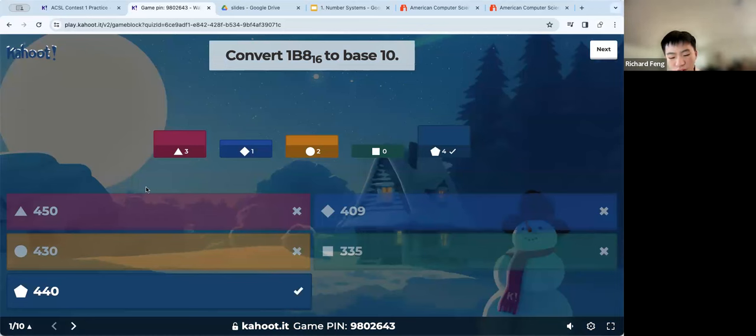So if we want to convert 1B8 from base 16 to base 10, we can write out each digit and multiply it by a power of 16.